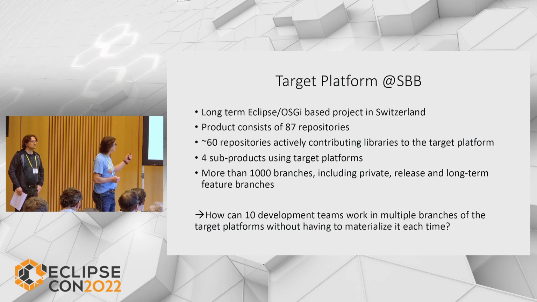And 60 of these repositories are actively contributing libraries or artifacts which are used in the target platform. So if you have like 6 or 7 teams constantly releasing new versions of the library every 3 days, and you are working with a target platform which includes these libraries, it'll get messy.